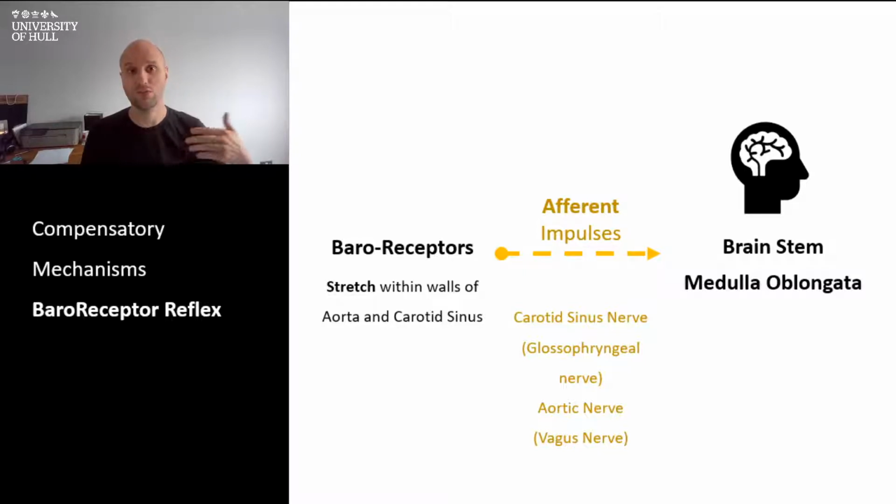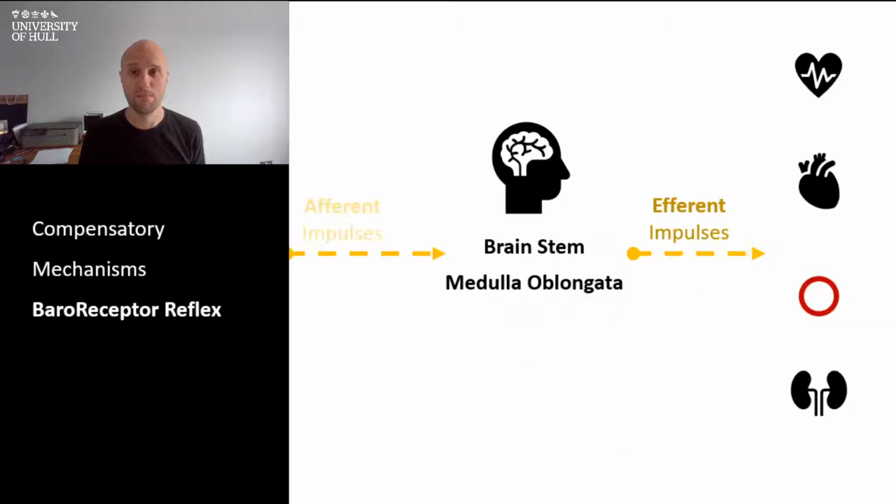So these are things travelling towards the central nervous system of the brain and the spinal cord. These afferent impulses travel up the carotid sinus nerves, which join the glossopharyngeal nerve, and the aortic nerve, which joins with the vagus nerve. Then this is processed within the central nervous system, and there's an efferent impulse back towards the peripheries, towards these effector organs and tissues.